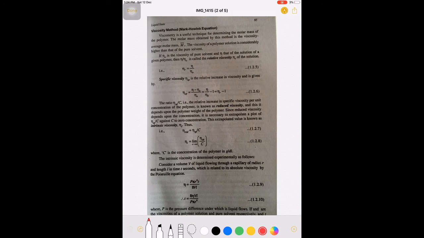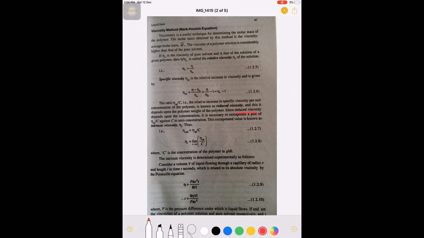Since this reduced viscosity depends upon the concentration, it is necessary to extrapolate a plot of eta sp divided by c against the concentration to 0 concentration. It will be explained on the next page.